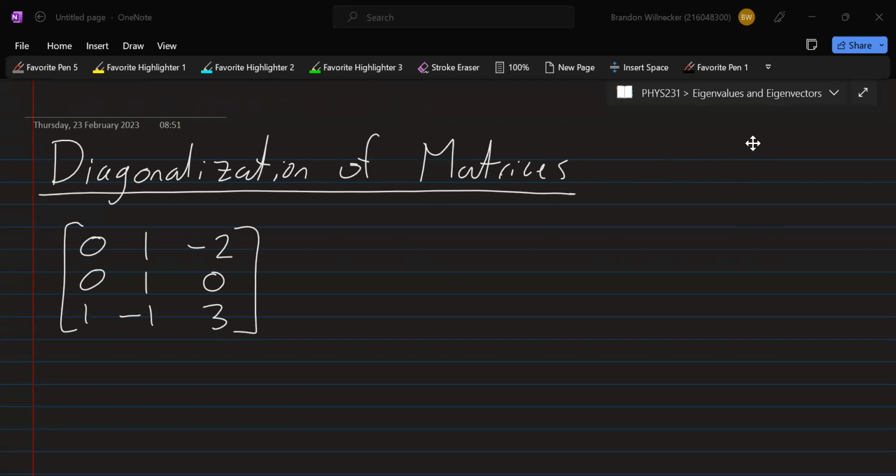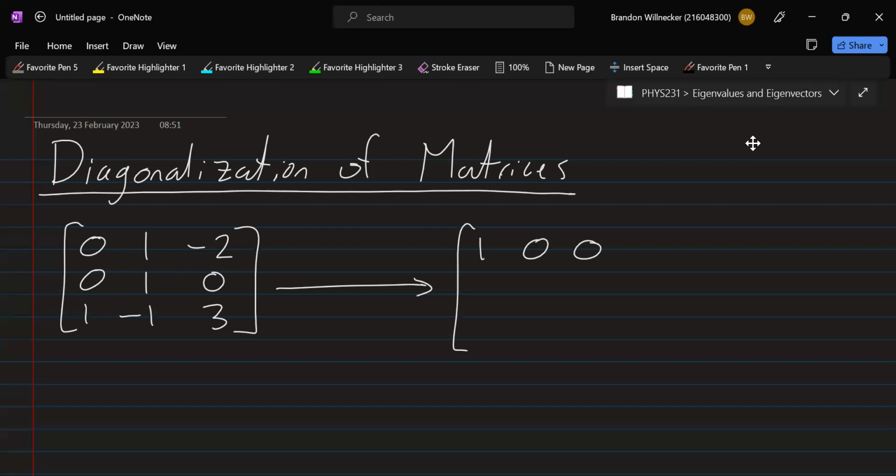What we want to do is instead replace this with an equivalent matrix. So we can do all the same things with it. However, it has a different form, which is diagonal. So we have 1, 0, 0, 0, 1, 0, 0, 0, 2. Okay, so these are equivalent, up to a certain transformation, of course. But the one on the right will be a lot easier to work with because of its diagonal form.